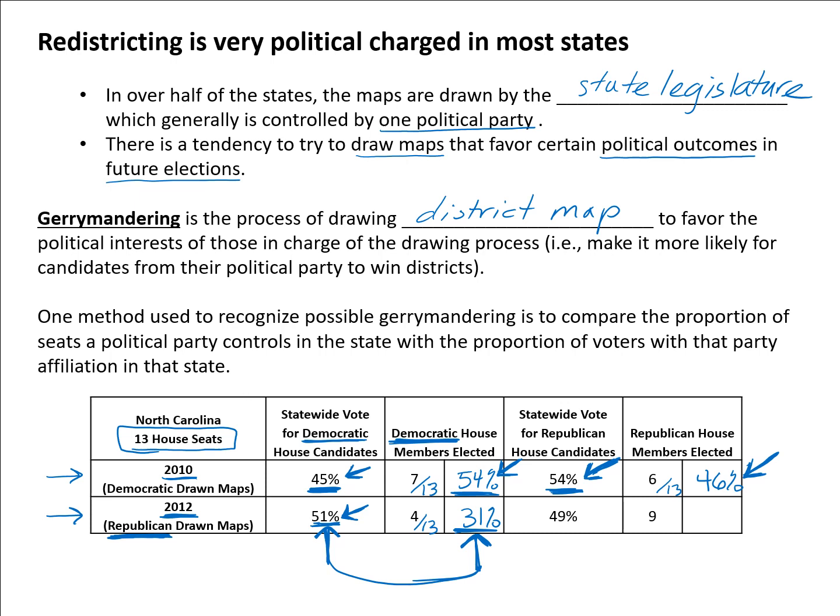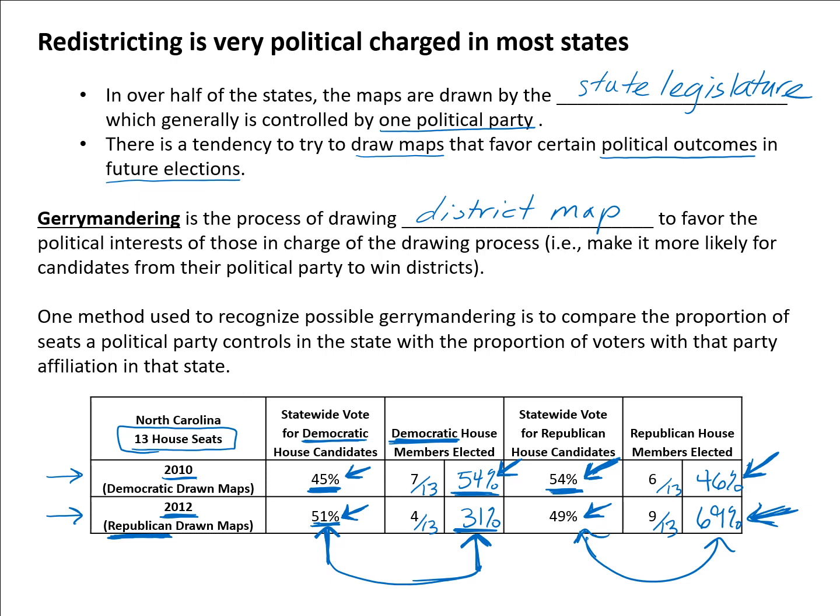You could look at it the other way around with the Republicans. 49% of the state was voting for Republican candidates, but the Republicans gained 9 seats in Congress. 9 out of 13 is 69% of the seats. So even though less than half the state was voting for the Republican candidates, almost 70% of the seats went to Republican candidates. So there's this discrepancy here.